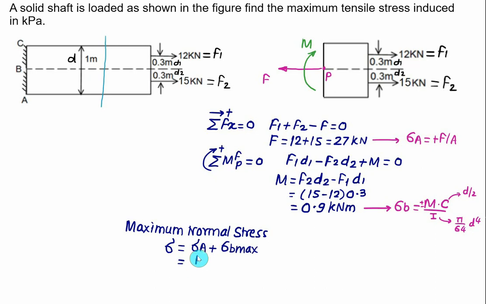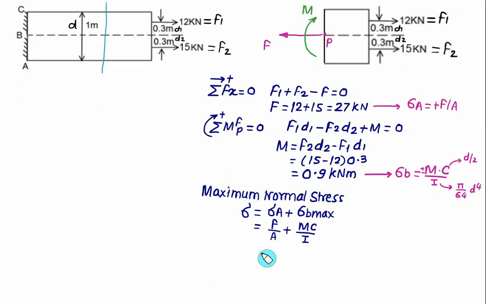Here sigma is equal to force upon area plus sigma b maximum, which is equal to M into C divided by I. The total force comes out to be 27 kilonewton, which is 27,000 Newton divided by pi by 4. So we have pi, and 4 is shifted to the numerator. We have diameter equal to 1000, so we have 1000 square.